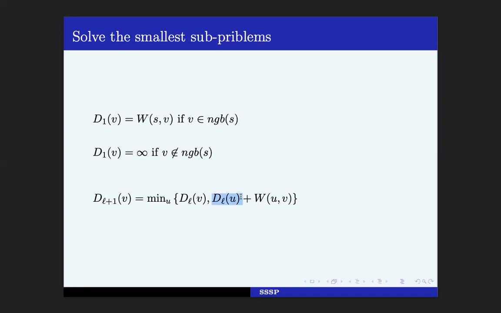Now, if I have to go one more step, this is the cost that I will be charged, so the total charge will be this, and therefore this will be equal to the minimum of these two objects, among all possible U.